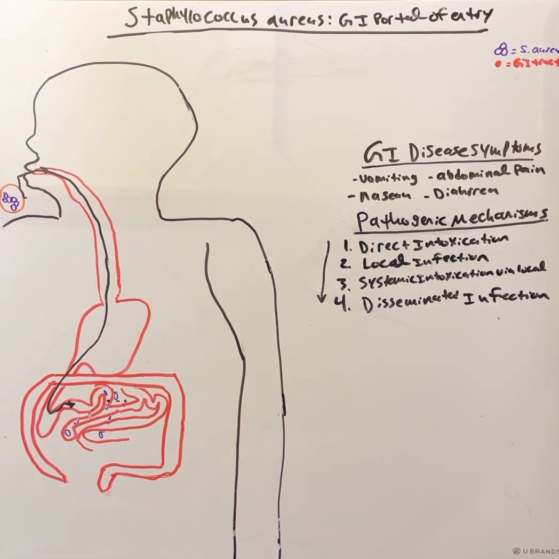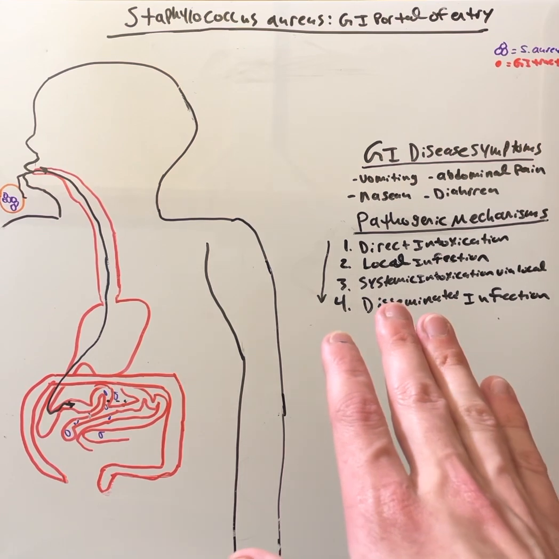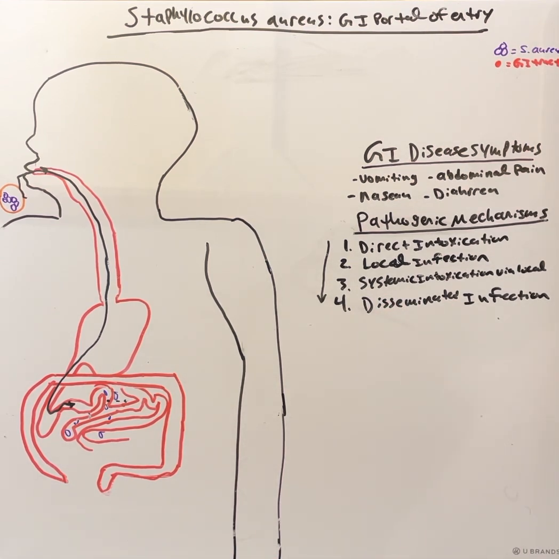Staphylococcal food poisoning, which is another name for the direct intoxication mechanism, is very common and very likely underreported just due to how common it is, and it does tend to resolve relatively soon after disease induction.